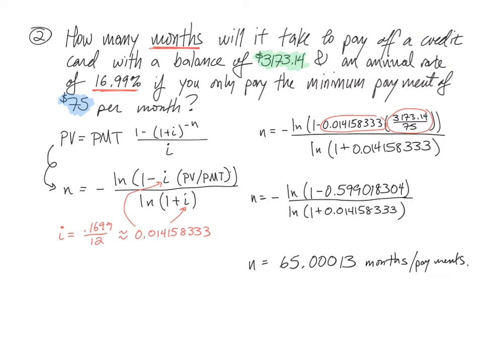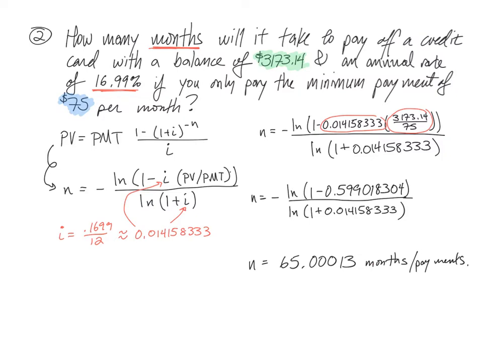Now here's the funny thing about credit card payments. Unless you hit it exactly, right? This is 65 and a little bit more. It doesn't matter how much more it is. It could be 0.000013. You have to round up to the next payment.